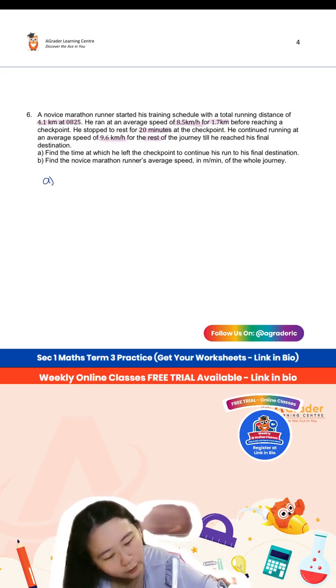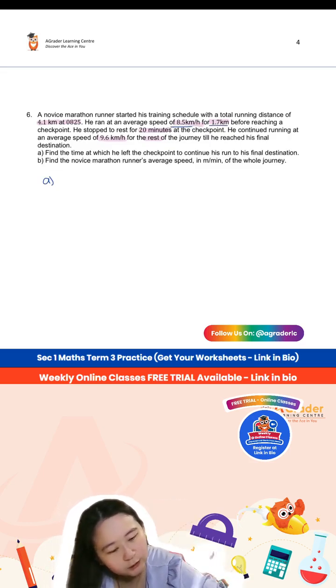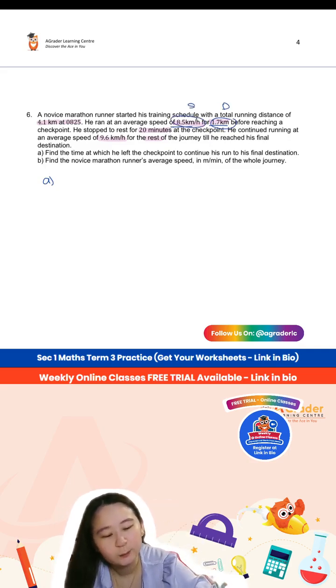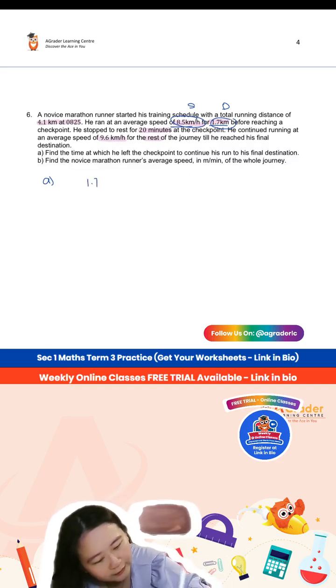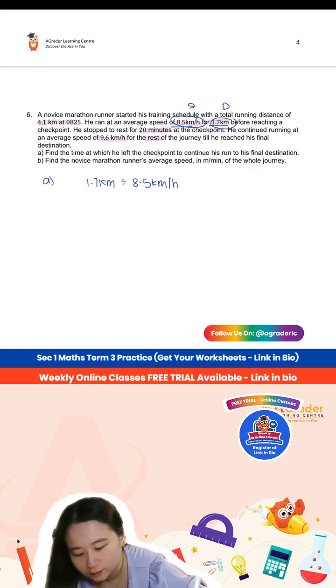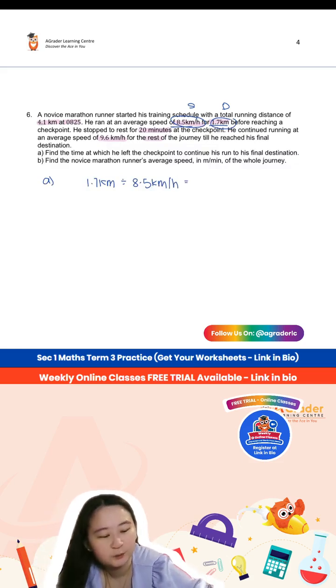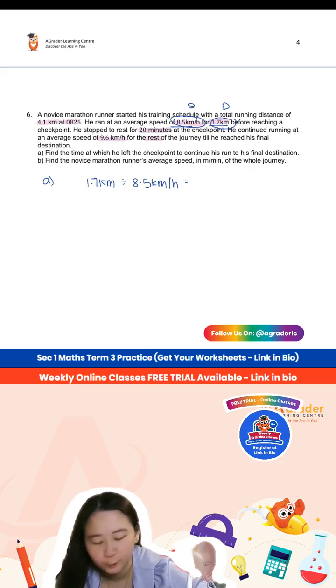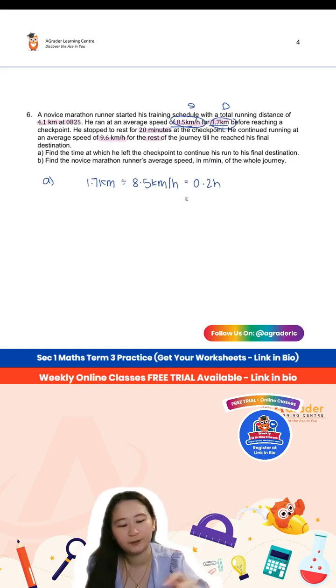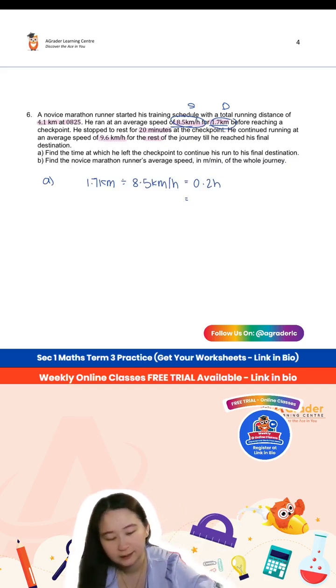So we do not have the duration for this portion. We have the distance, we have the speed. So distance divided by speed will give us the time taken. So 1.7 km divided by 8.5 km per hour. So 1.7 divided by 8.5 will give us 0.2 hour. Then you multiply by 60, we'll find the number of minutes.